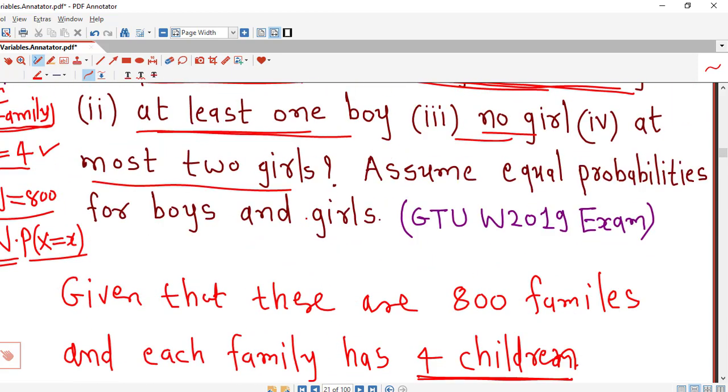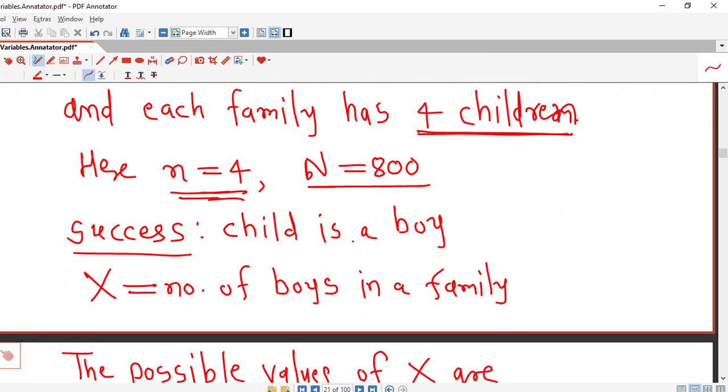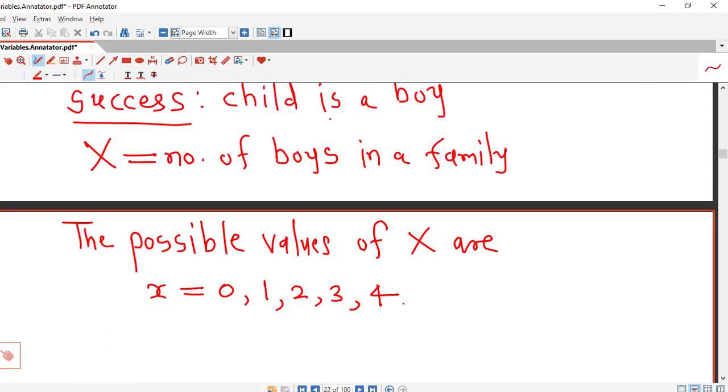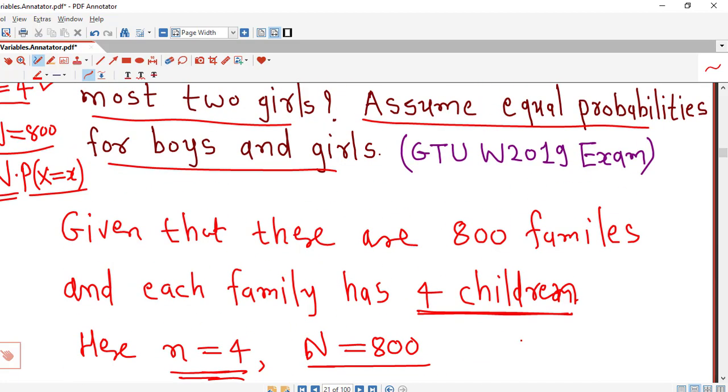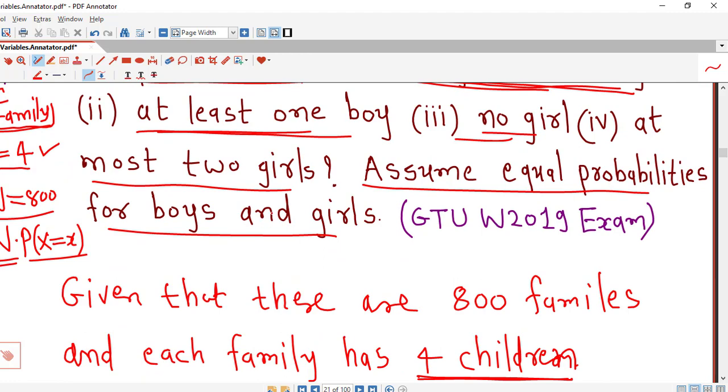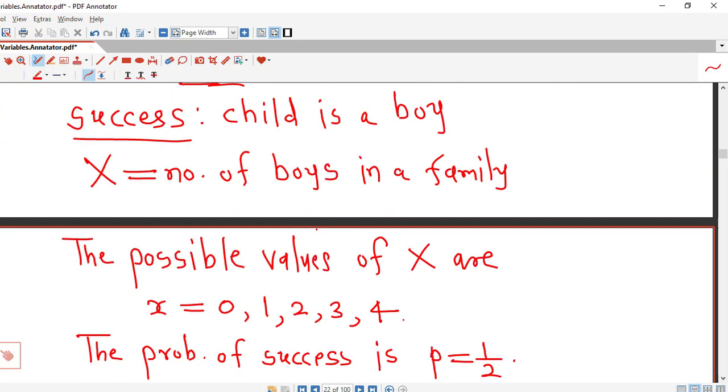Now here it is given that we assume equal probabilities for boys and girls. So the probability of success, that is, the probability that the family has a boy, is 1/2. That means the probability that a child is a boy is 1/2, as well as the probability that a child is a girl is also 1/2.